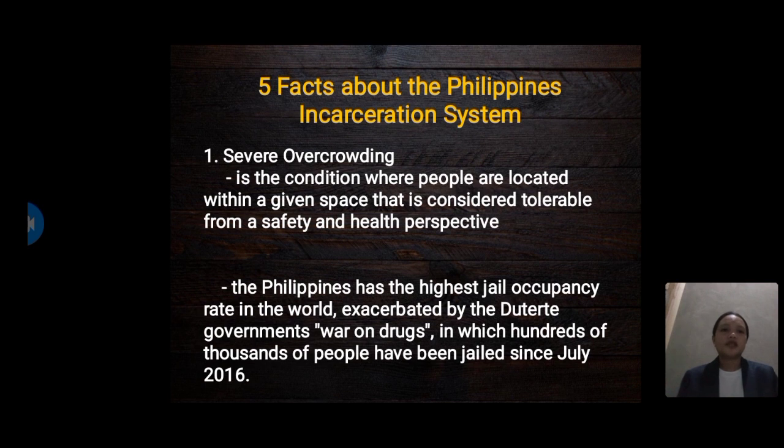The Philippines has the highest jail occupancy rate in the world, exacerbated by the Duterte government's war on drugs, in which hundreds of thousands of people have been jailed since July 2016. Those people who were jailed in July 2016 are known as drug users. So that's one of the reasons why our jails here in the Philippines are facing the problem of overcrowding.